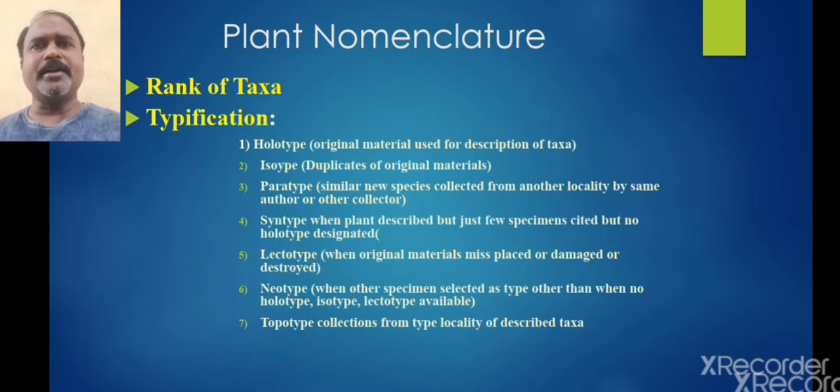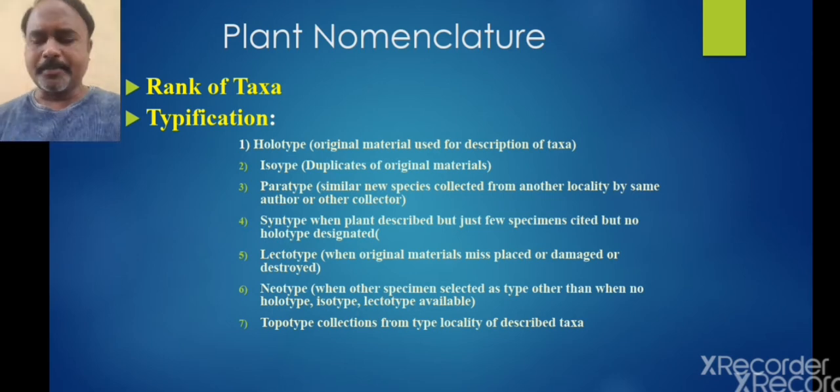So the same described species, collected from another locality, by another author or by the same author, and given in the publication as supporting data as an examined specimen, that specimen or herbarium sheet is designated as or known as a paratype.